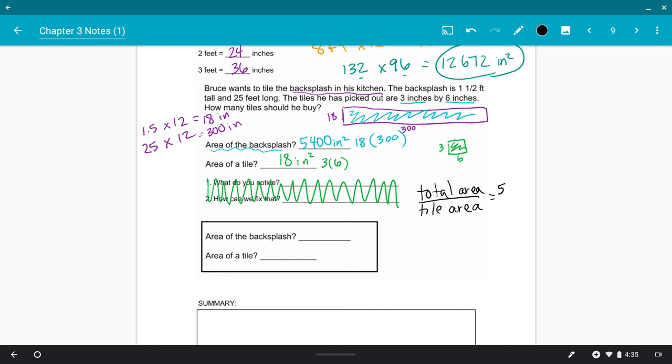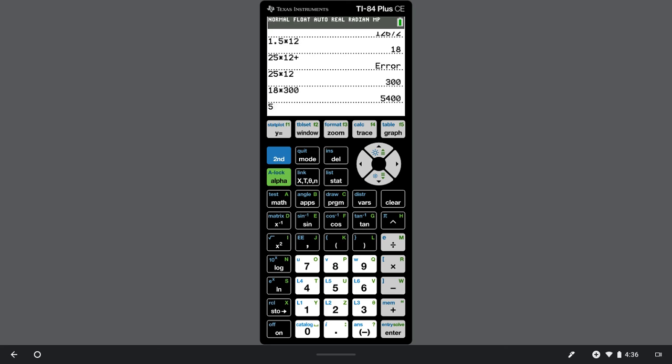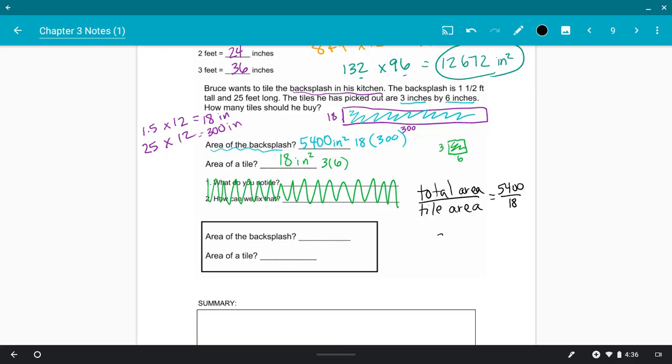So you're going to take 5,400 divided by 18. You get 300. What that means is you need 300 tiles. It's a lot of tiles.